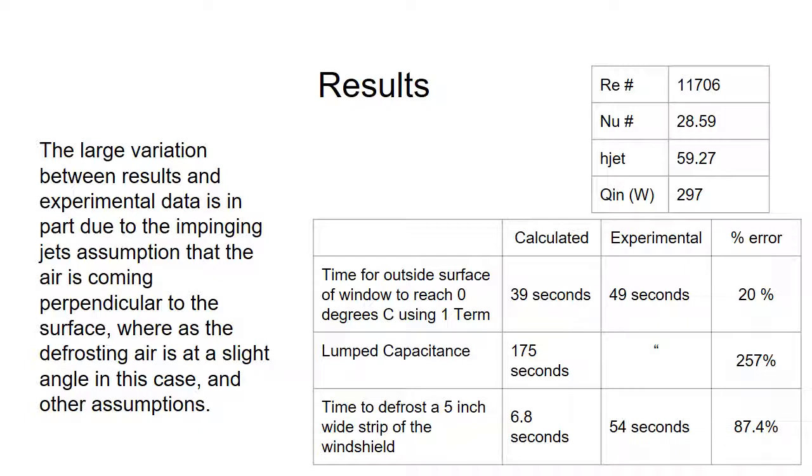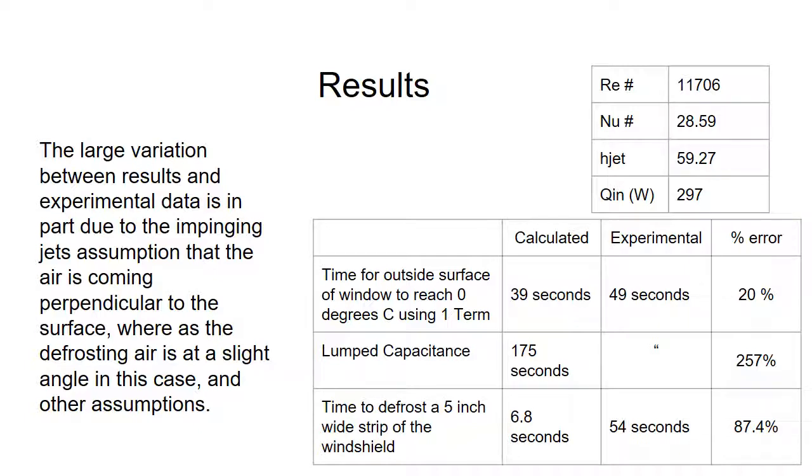Using the latent heat of fusion and the mass of the frost melted on the 5-inch strip of the windshield, we calculated a time to melt of 6.8 seconds. As you can see, our experimental results for the time to reach 0 degrees were pretty good. 20% error is not bad, especially considering all these correlations are within a certain percent off anyway.